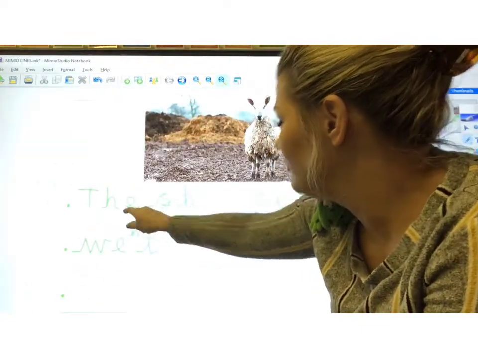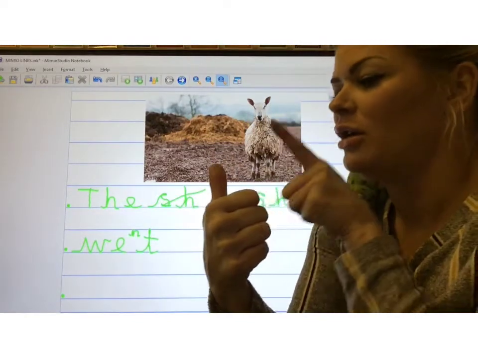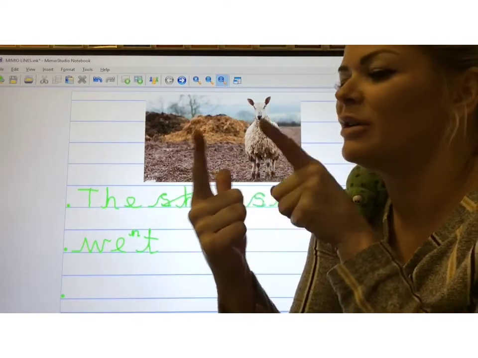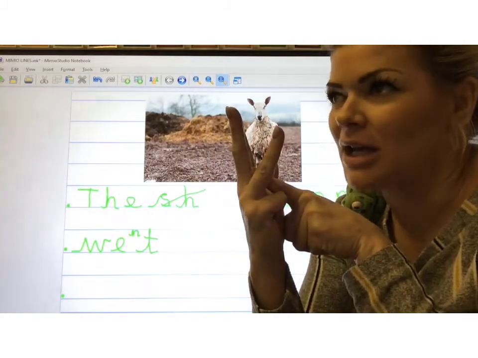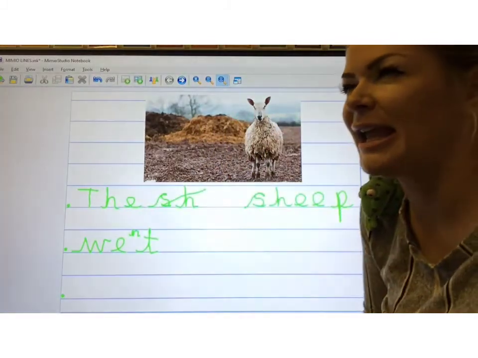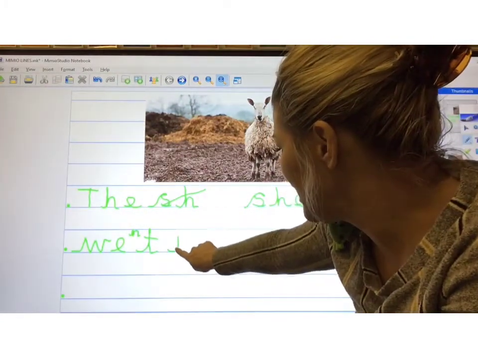The sheep went. The finger space, sheep finger space, went finger space, in. I need to write in. The sheep went in.